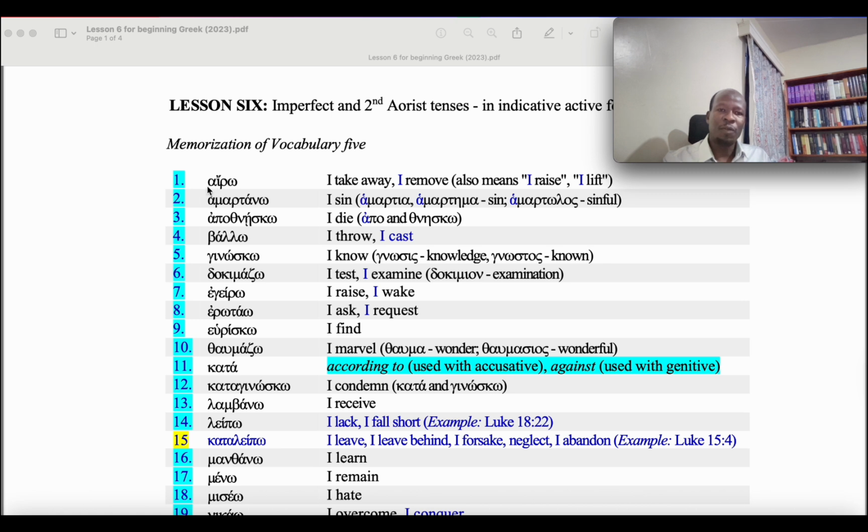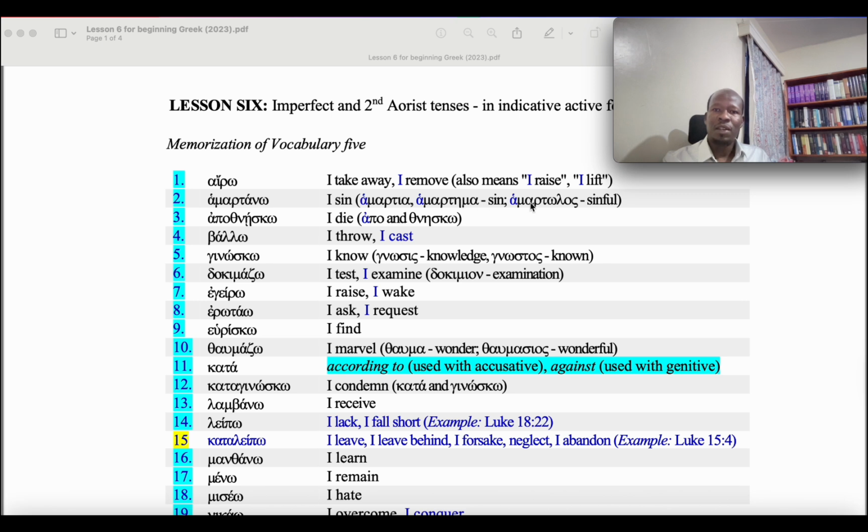It is because of the rough breathing. It signals that I should start with the H sound here. So whenever you see rough breathing, remember that there is a signal that the pronunciation changes. So it's not amartano, it is hamartano. I sin. It is a verb, okay? It's an action.